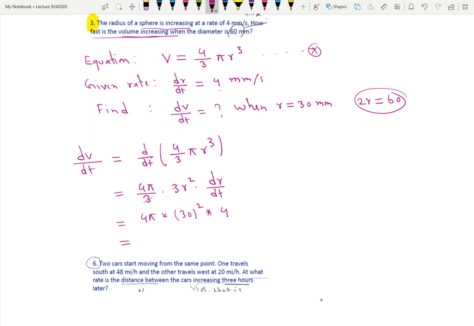And if you simplify, it becomes how much? 1440 pi millimeters cubed per second. So this is the answer. So dV over dt is this one.